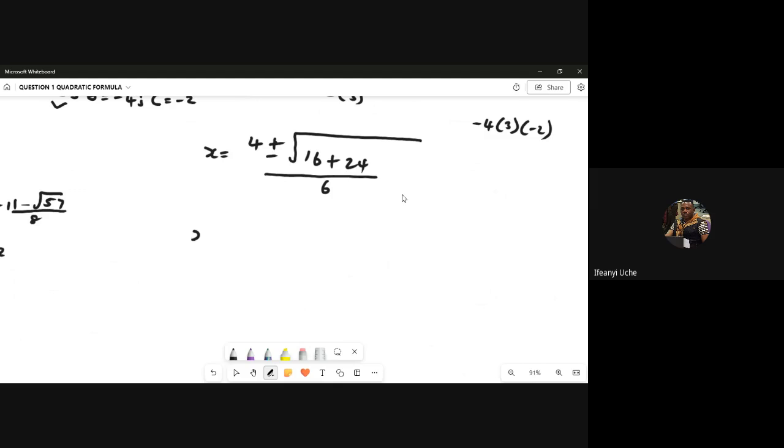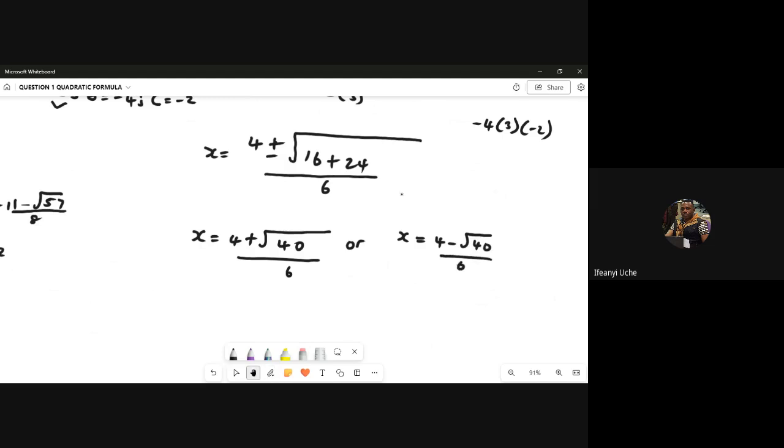So you now have x equals 4 plus, you can now separate them, 4 plus the square root of 16 plus 24, which is 40, all over 6. We now have x equals 4 plus √40 all over 6, or x equals 4 minus √40 all over 6.